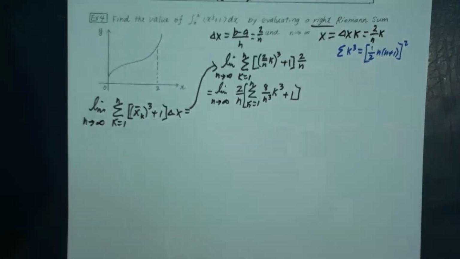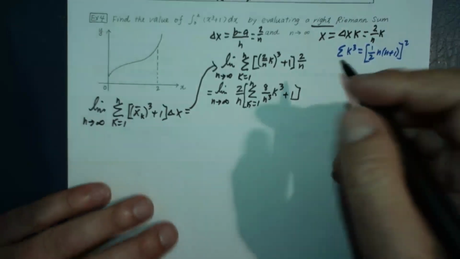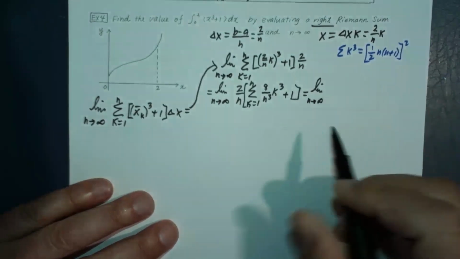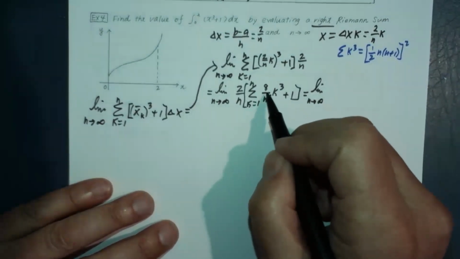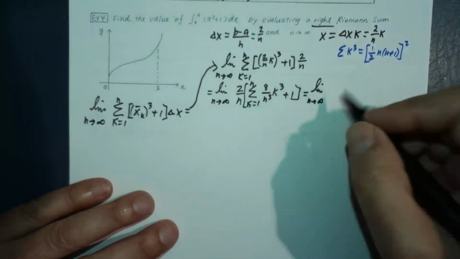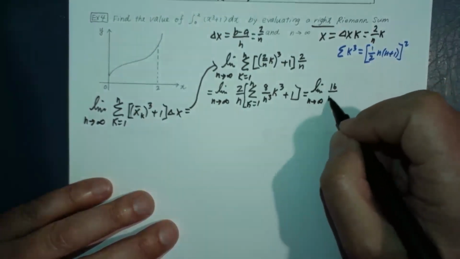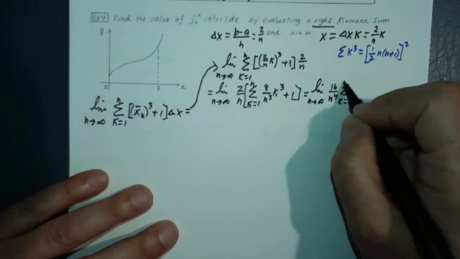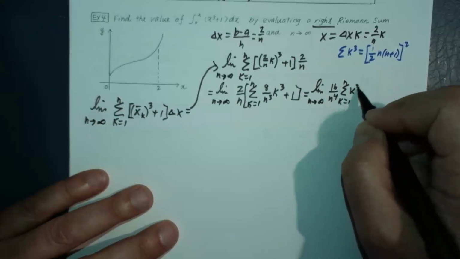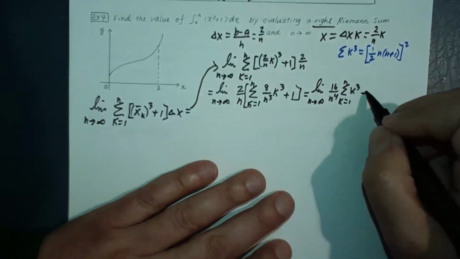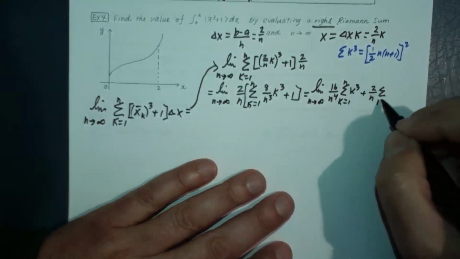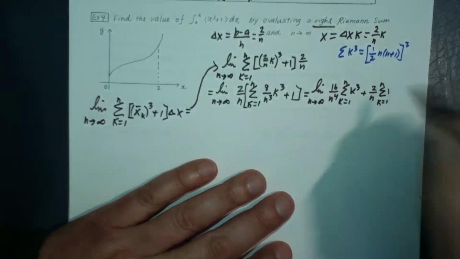That was from the last lesson. And what I'm going to do is go ahead and separate these out. I'm going to pull that out of the summation, it doesn't need to be there. So that's going to be 16 over n to the 4th, plus 2 over n, summation k equals 1 to n of 1.